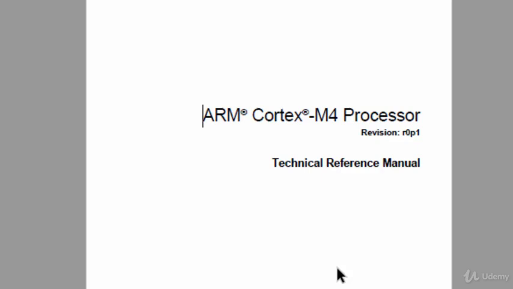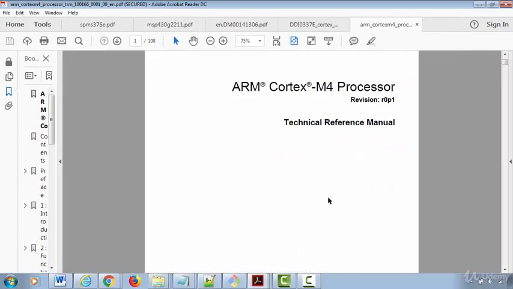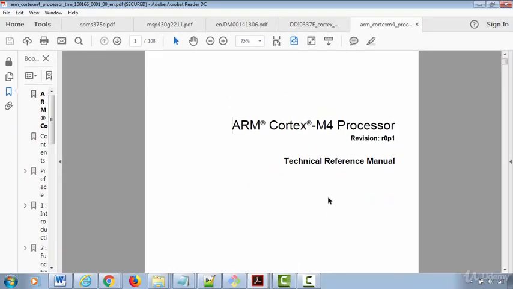These documents are available on ARM's website and are open to all users, so we can download them and check the details about the processor. Believe me, this is the best place to start understanding the processor. Now I'm directly taking you to the Technical Reference Manual of the ARM Cortex-M4 processor.